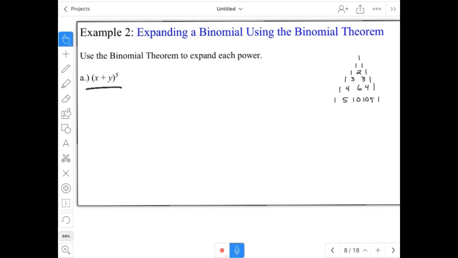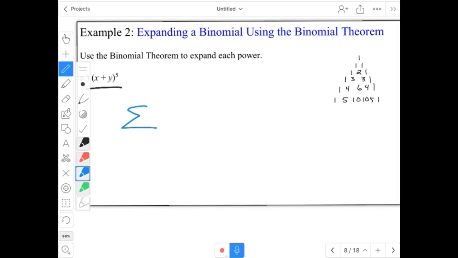Okay, so what this would look like in sigma notation then, so we would start where r equals 0, because we're going to take 0 at a time and it's going to go up to 5. And then we're going to take 5 things r at a time. So r is going to go from 0 up to 5.